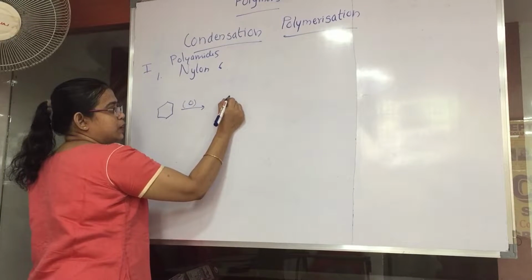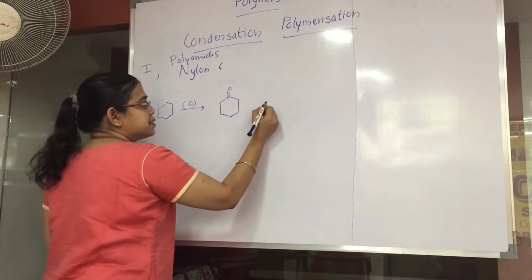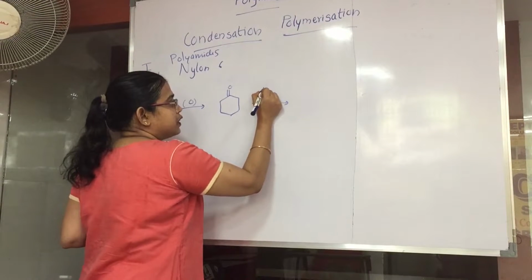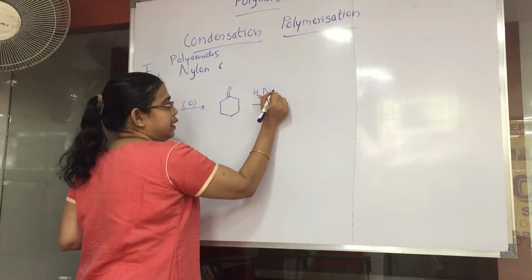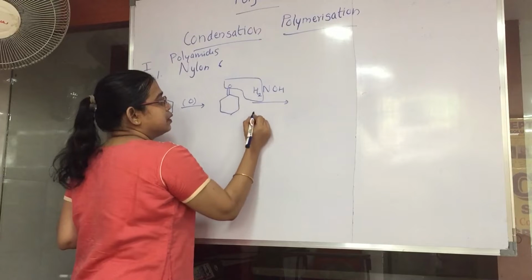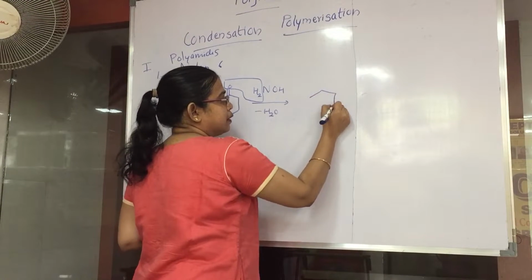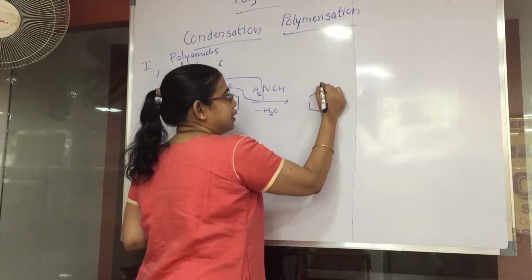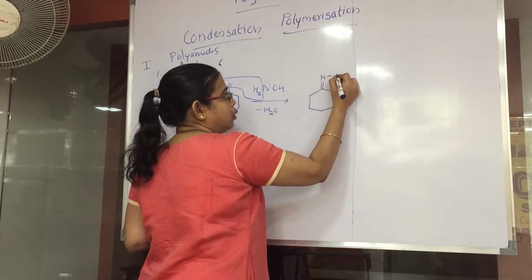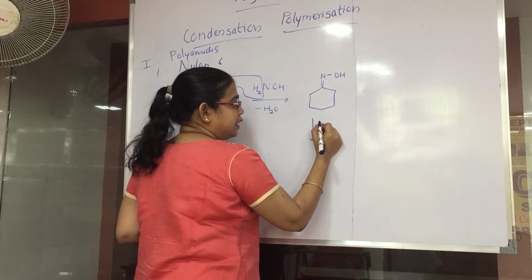So on oxidation, cyclohexane gives us cyclohexanone, and this cyclohexanone on reaction with hydroxylamine, NH2OH, will have removal of water over here. So we get an oxime.